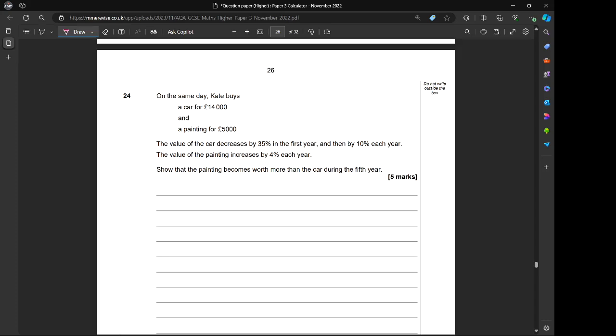This one, yeah, it's a compound interest question, interest and depreciation. So we'll do this here, and then we'll call it a night.